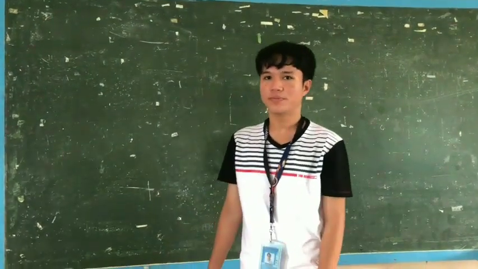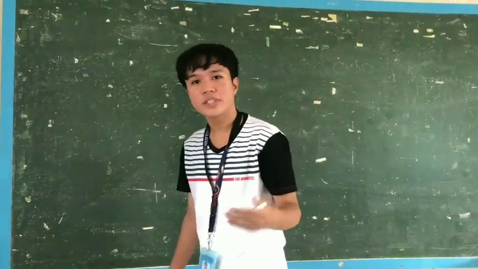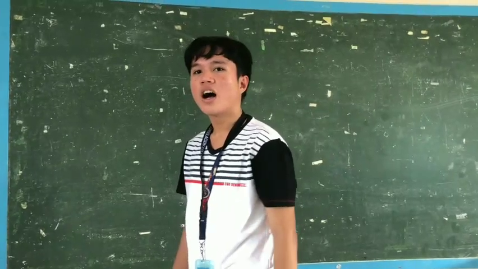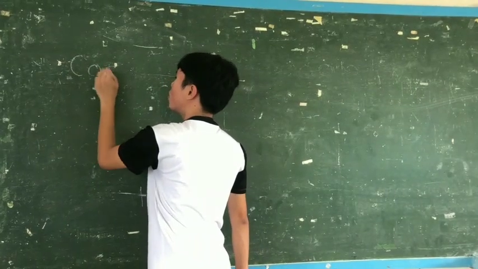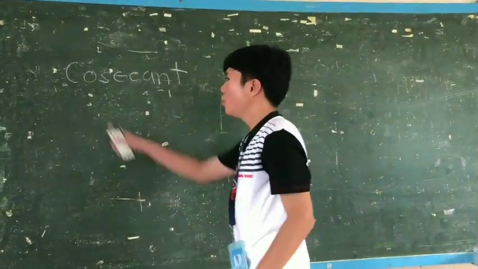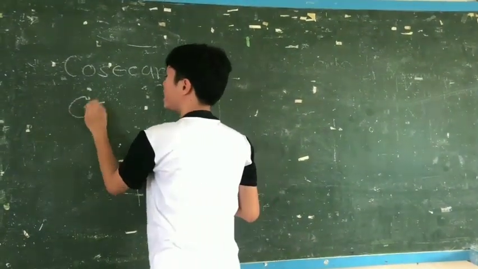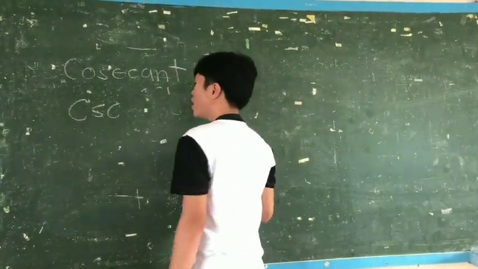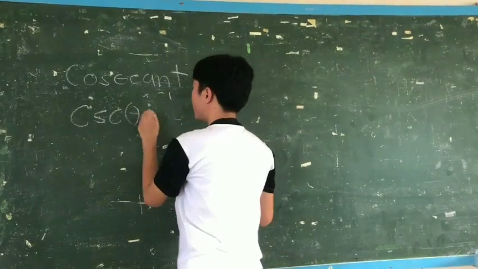Let's go to the reciprocals. So what is the reciprocal of the sine ratio? Its reciprocal ratio of the sine is cosecant, which is written as CSC.